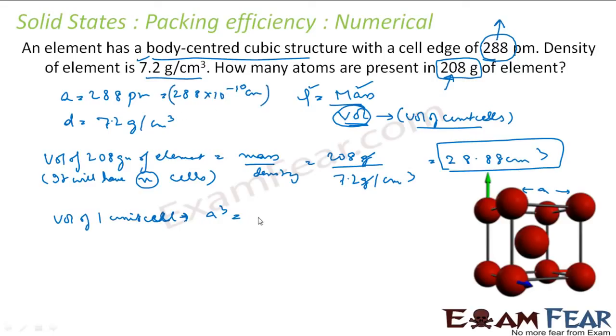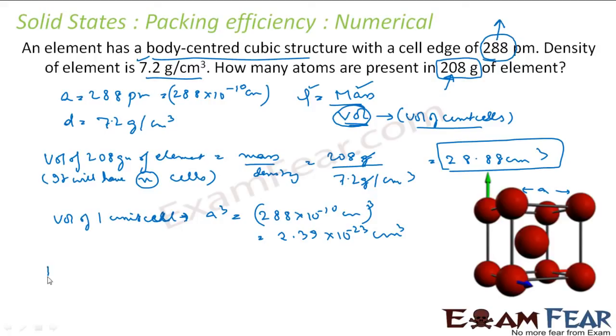So you just solve this: 288 into 10 to the power minus 10 centimeter whole cube. What you get is 2.39 into 10 to the power minus 23 centimeter cube. This is the volume of one unit cell.